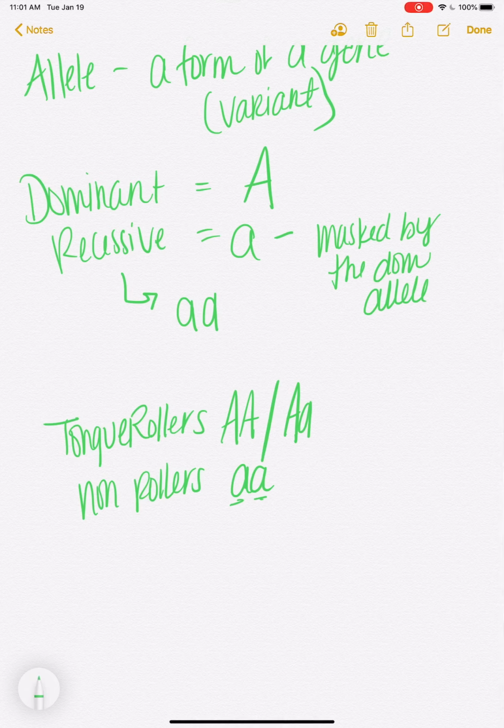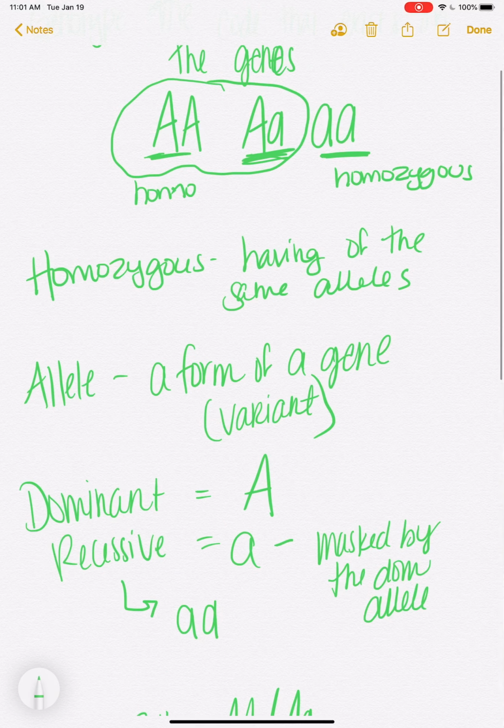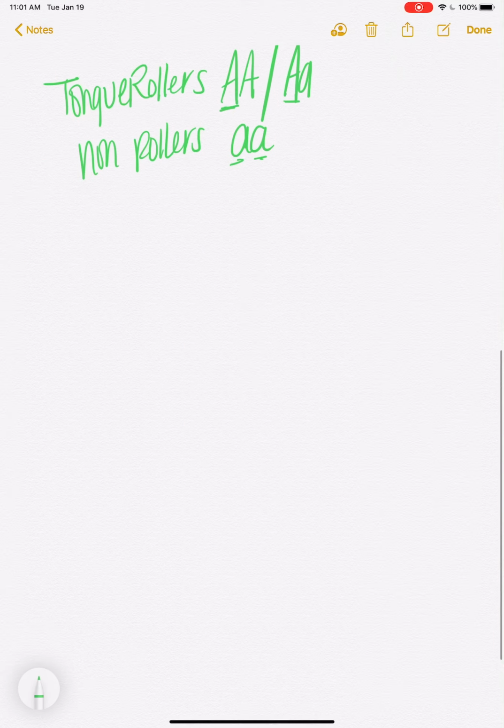But to be a tongue roller, the dominant trait is always going to supersede the recessive trait. These big A, little a's are called heterozygous or heterozygotes. They have one dominant allele and one recessive allele.